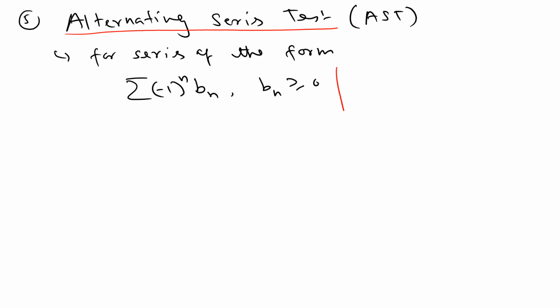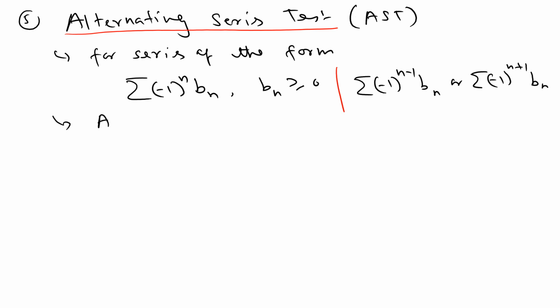Also, you can see that the same series you can write in several different ways. You can write this one as sigma negative 1 to the n minus 1 bn, or you can also say negative 1 to the n plus 1 bn. There are a lot of other ways, but they are all the same thing.